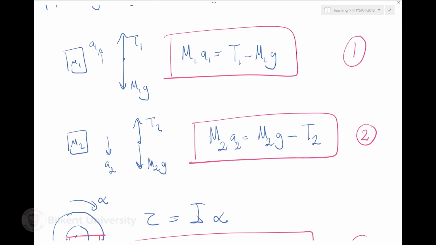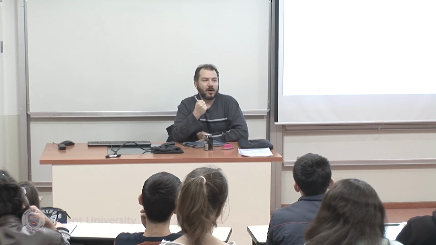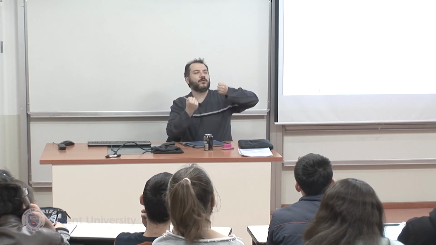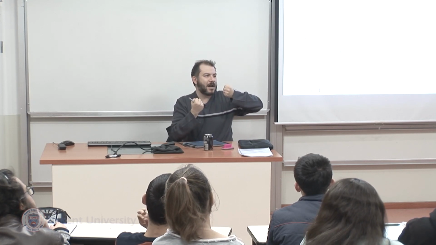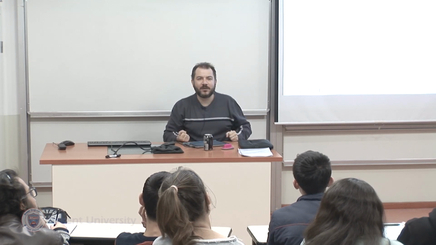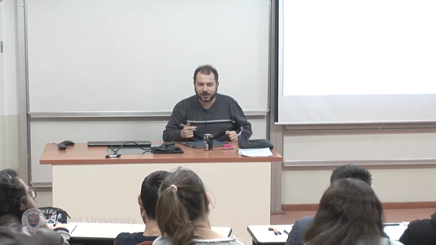I have A1, A2, alpha, T1, T2. 5 unknowns, only 3 equations. I need something else. These objects are not moving independently of each other. So there must be a connection between their accelerations, right?